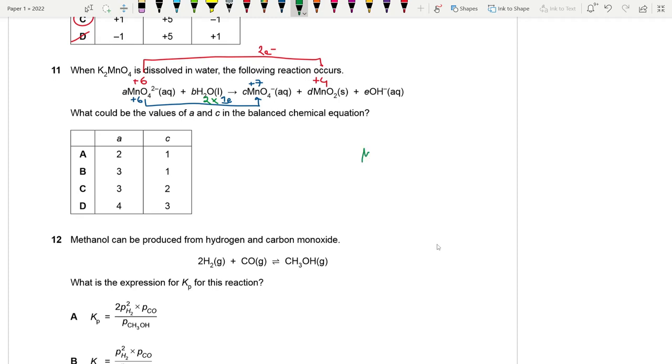So check this out. MnO4 2- plus H2O is equal to MnO4 minus plus MnO2 plus OH minus. Wait, why don't I take more space to do this? So yeah, do you understand the logic? Do you know what I did?